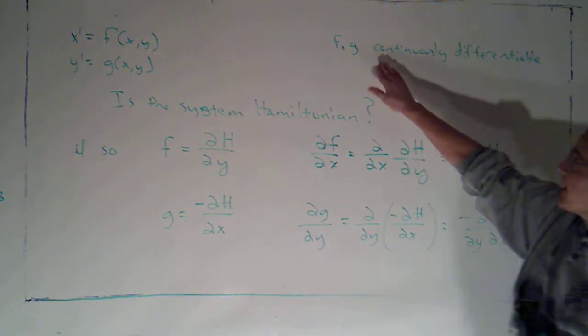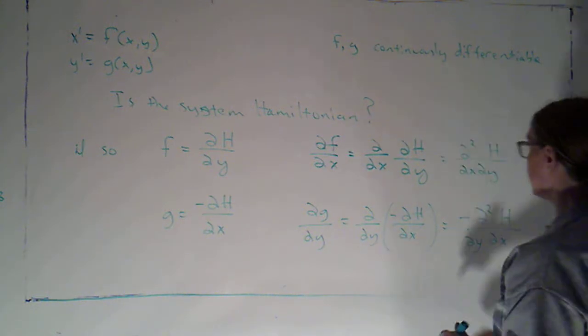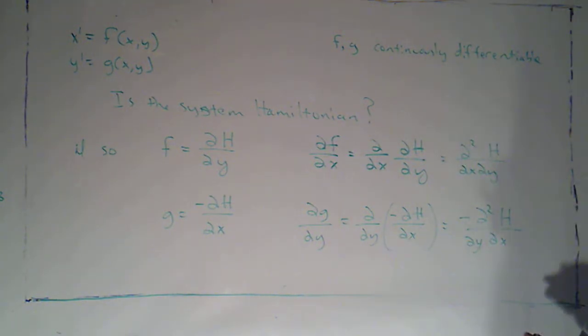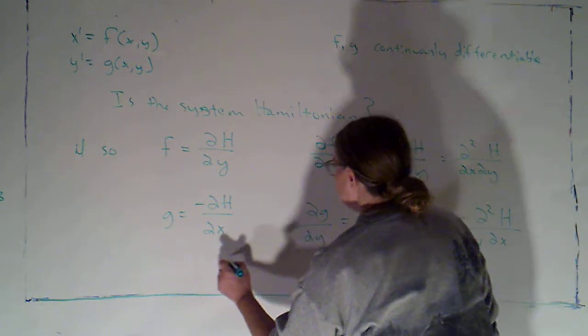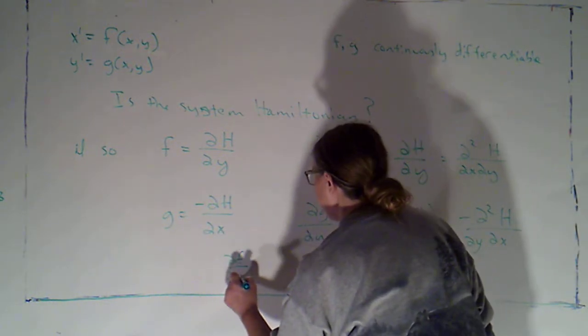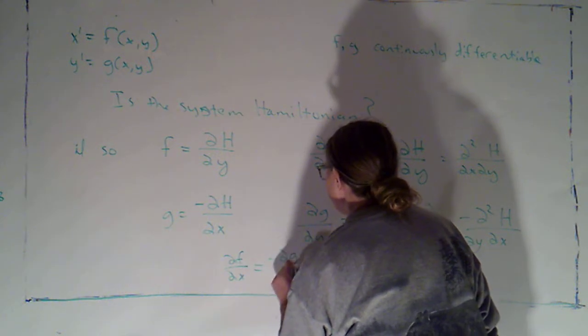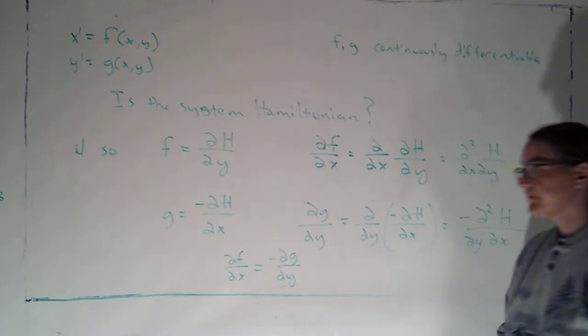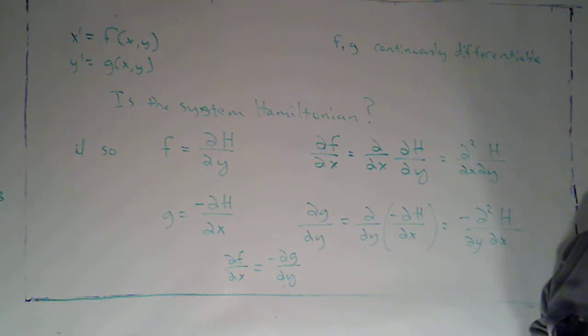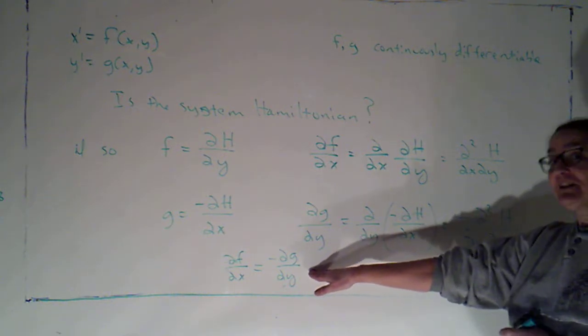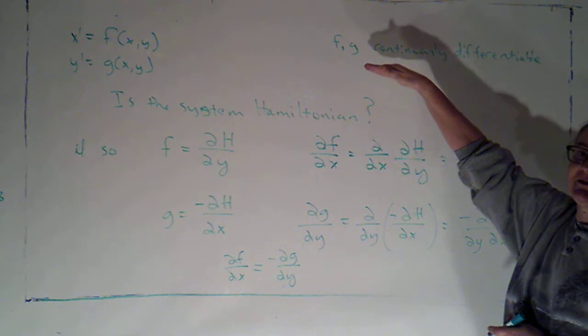But I know if f and g were continuously differentiable, that's telling me that these functions here are continuous. If they're continuous, the mixed partials would be equal. So if the mixed partials are equal, that means that the partial of f with respect to x would be the opposite of the partial of g with respect to y. That will always be true if I have a Hamiltonian system. It turns out that if that is true, I have a Hamiltonian system.